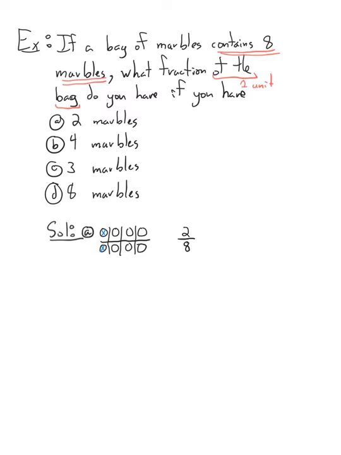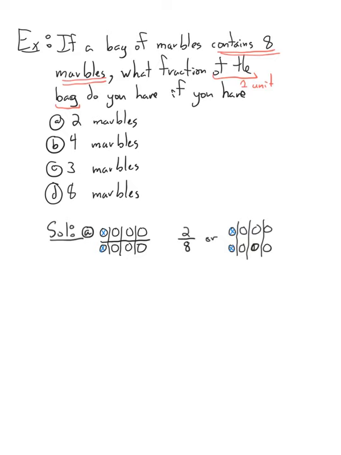But that's not the only way of doing it. Well, if we wanted to, again, we have these 2 marbles, let's say, we could break up our bag so that the equal pieces are 2 marbles each.